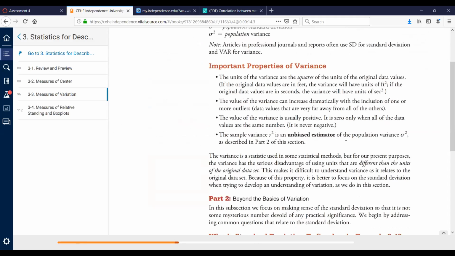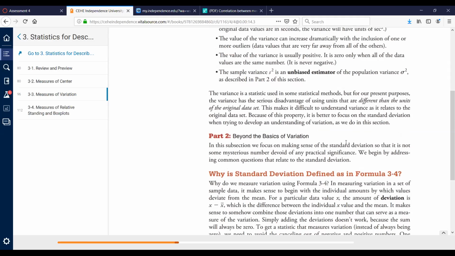The sample variance is actually what we call an unbiased estimate of the variation of the data. It's an unbiased estimator of the population.